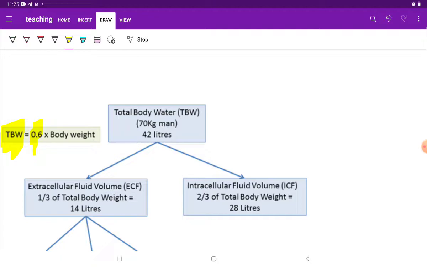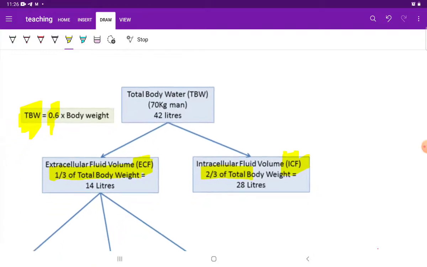And the total body water can be divided into two categories: extracellular fluid, ECF, and intracellular fluid, ICF. One-third of the total body water is called ECF and two-thirds is constituted by the ICF.